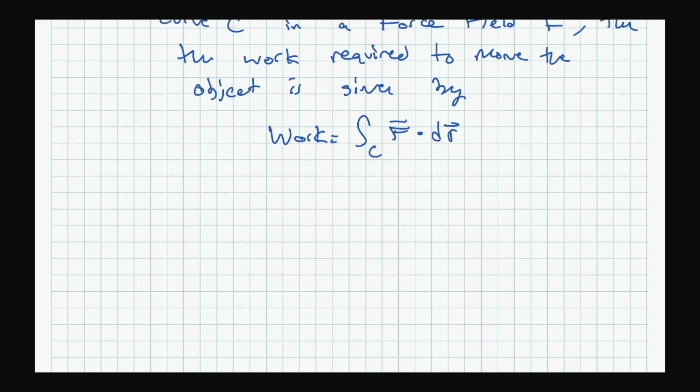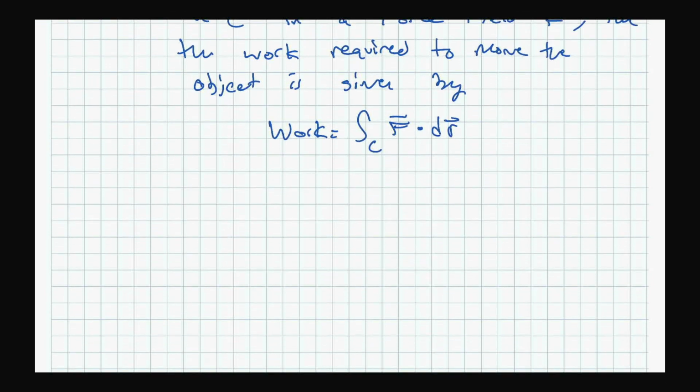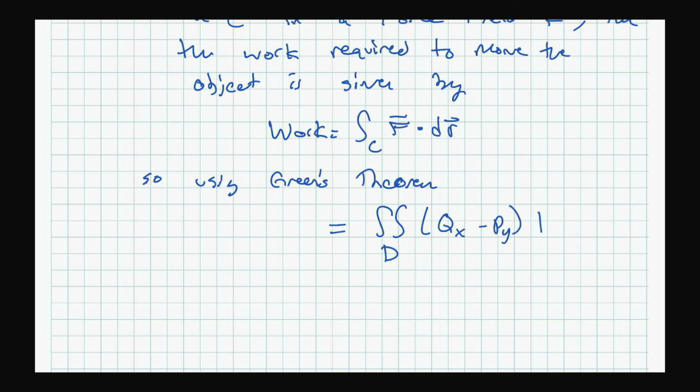So what we could say is that using Green's theorem, that would be the double integral over D, Qx minus Py dA, right?